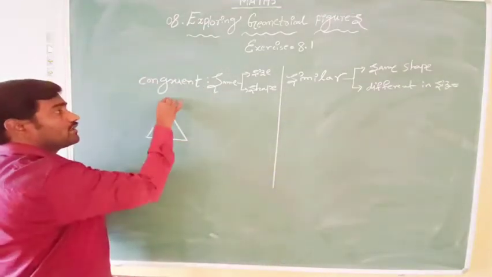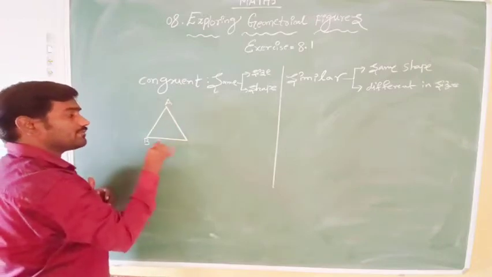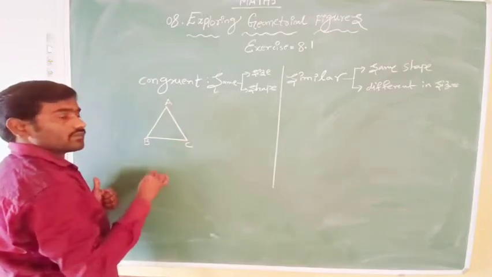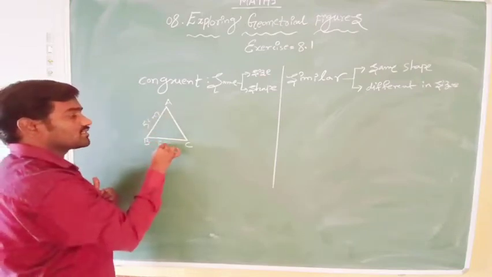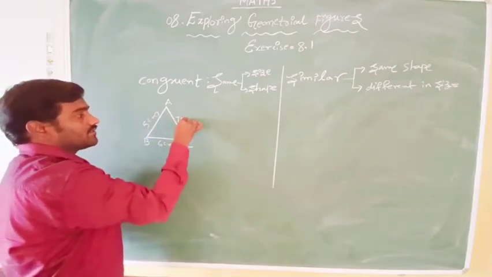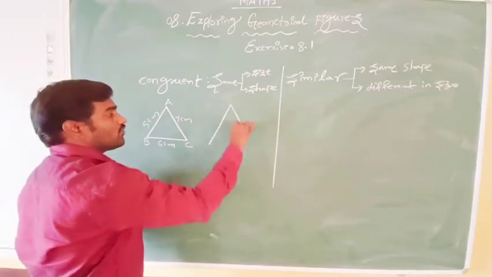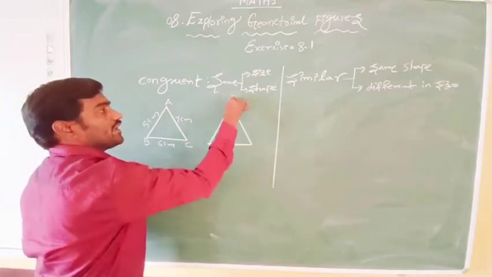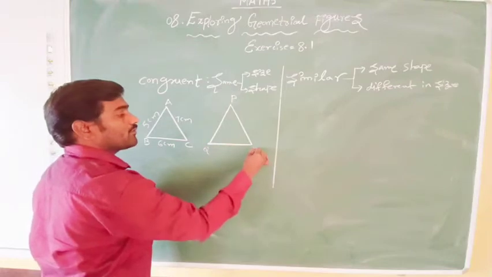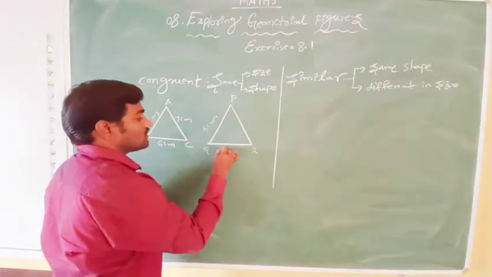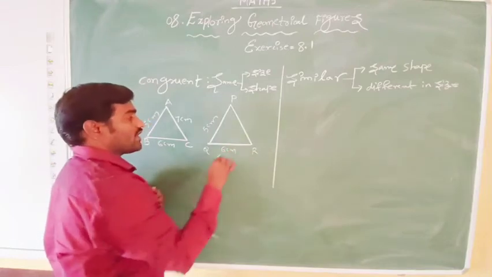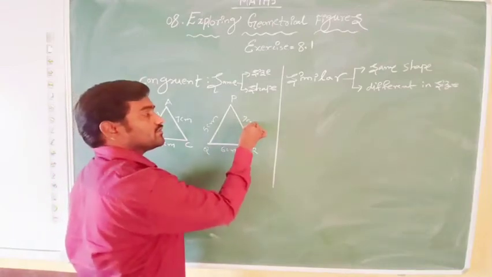Suppose I draw here a triangle. There is a triangle ABC. Let us give the sizes of the triangle: 5 centimeter, 6 centimeter, and 7 centimeter. And there is one more triangle here. Let us name this triangle PQR. Let us give the measurements of this triangle also as 5 centimeter, 6 centimeter, and 7 centimeter.